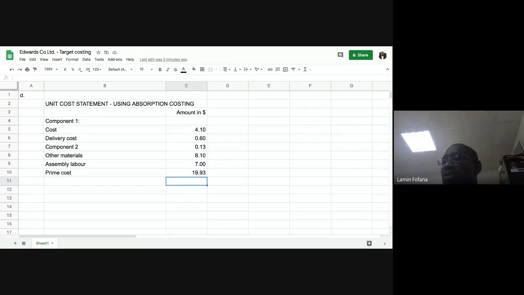It looks at the highest activity level compared to the lowest activity level, and at the overhead for each. It finds the difference between the two overheads and the difference between the two activity levels, and the differences are divided by each other to arrive at our variable cost per unit. That is substituted in one of the formulas to give us our fixed element. So that's exactly what we're coming to do now.